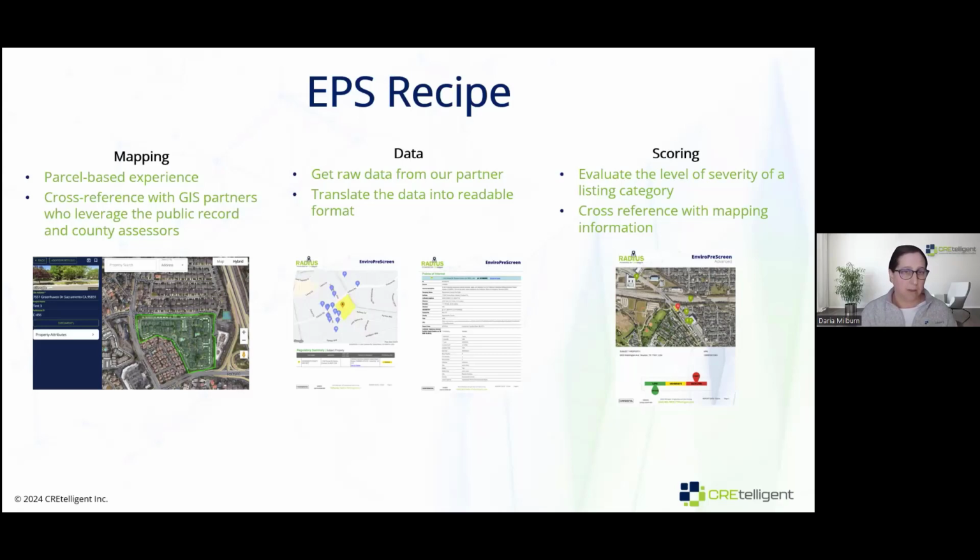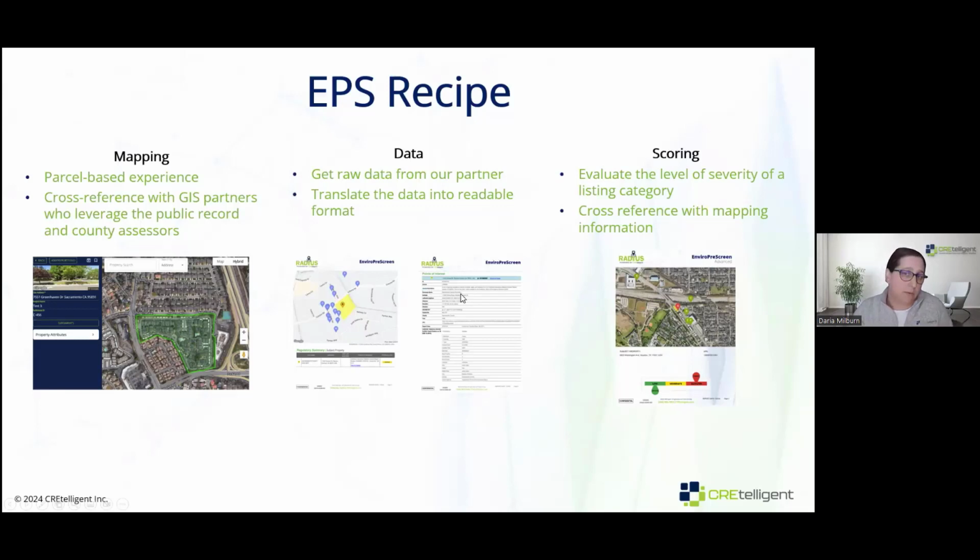But ultimately, the public record is the public record. And so where these agencies have this information is the source, and that's where we might see some differences in plotting. So we get our raw data from our partner, and we translate that into a readable format. And this is just an example of a report you would be familiar with. You generally see the listings come in that table.